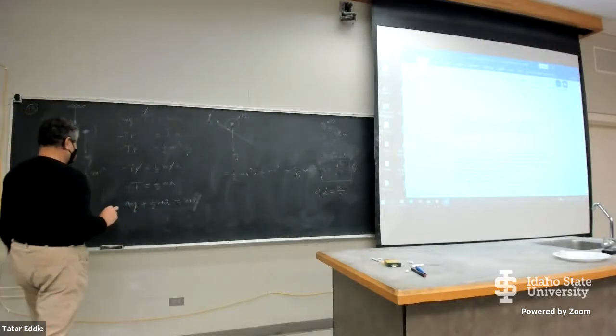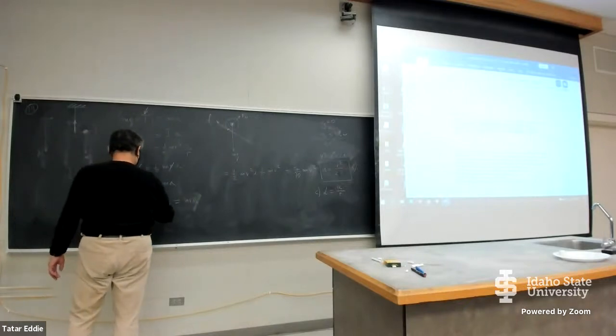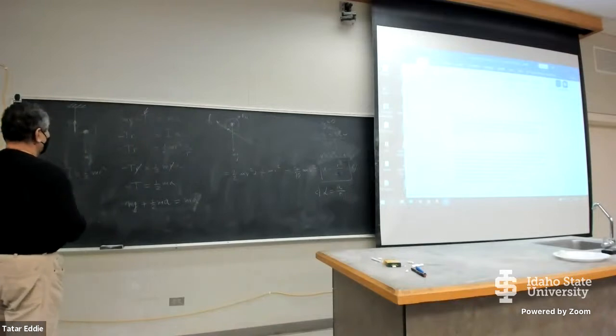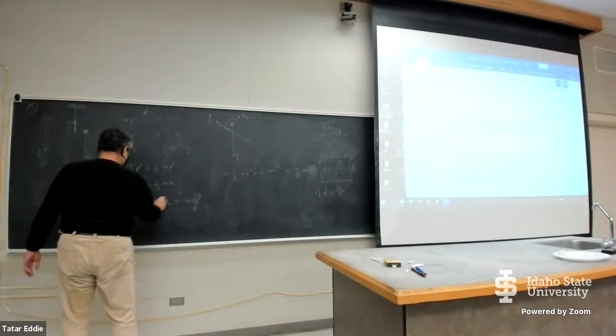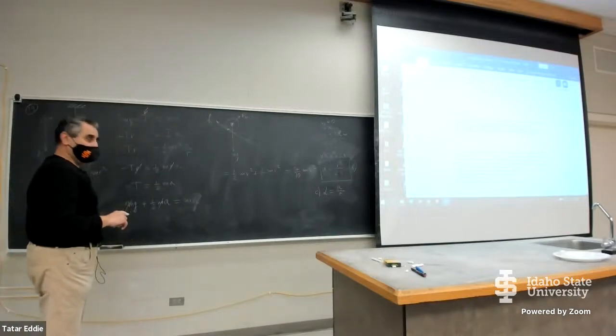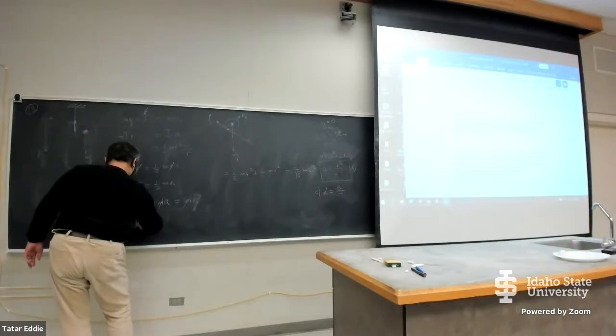You cancel the mass, and move 1/2 a to the other side of the equation. And you're going to get that acceleration due to gravity is equal to a minus 1/2 a, which is 1/2 a.